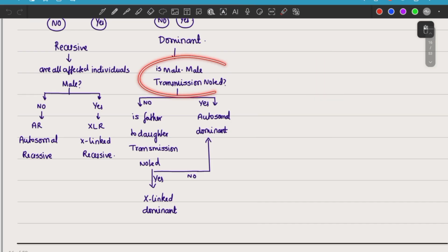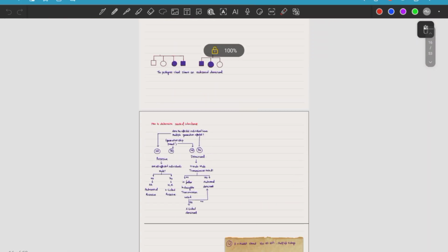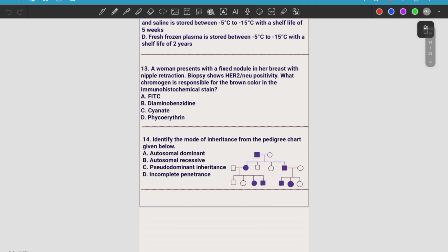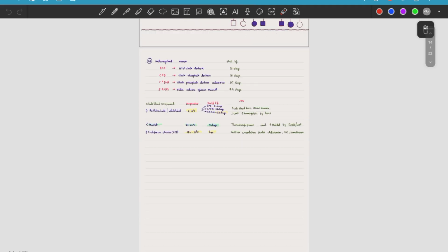Hence, if male to male transmission is noted, then it is autosomal dominant. In X-linked dominant, you can't see male to male because that X is not given by the father, it is given by the mother. Yes, I think you understood this question: autosomal dominant.